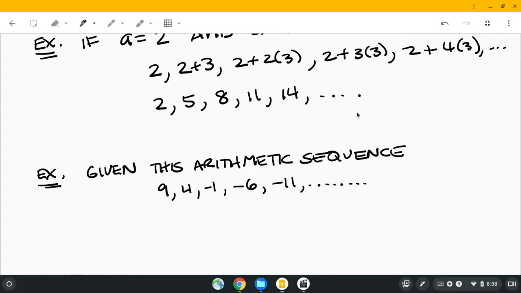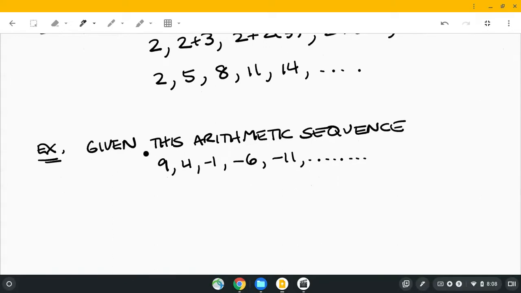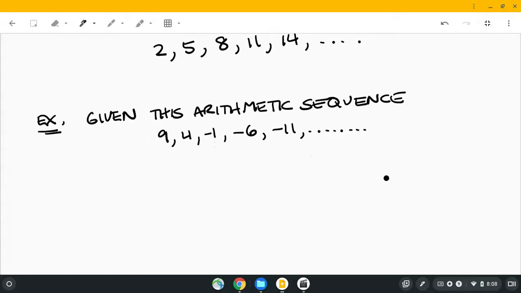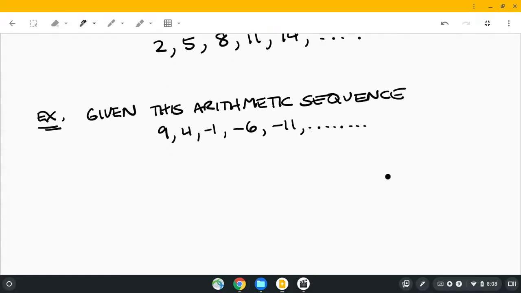So clearly D is going to be a negative number because we keep getting smaller, right? And if we're adding something to get the next term and we keep getting smaller, that must mean you're adding a negative number, right?